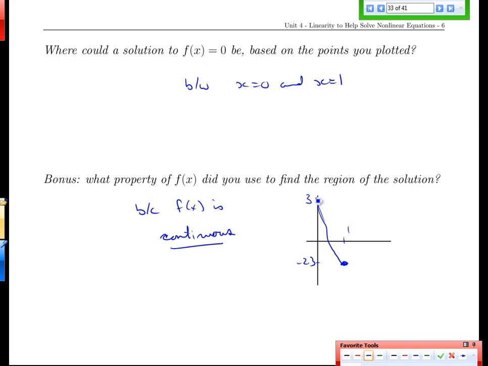The fact that we can only connect 3 and negative 2.3 here with a line that's unbroken guarantees that somewhere in between 0 and 1 here, we're going to cross the x-axis.